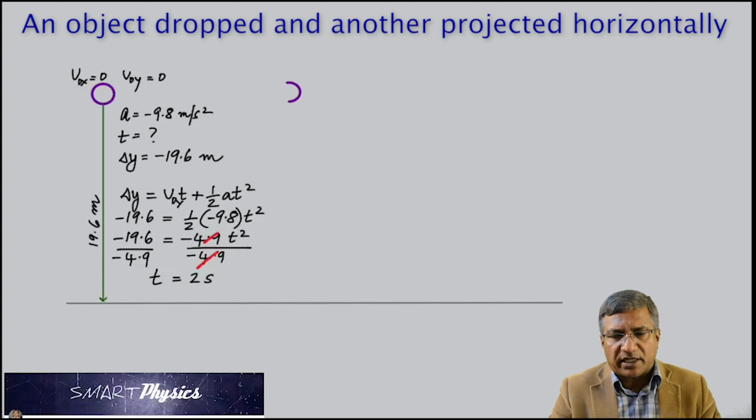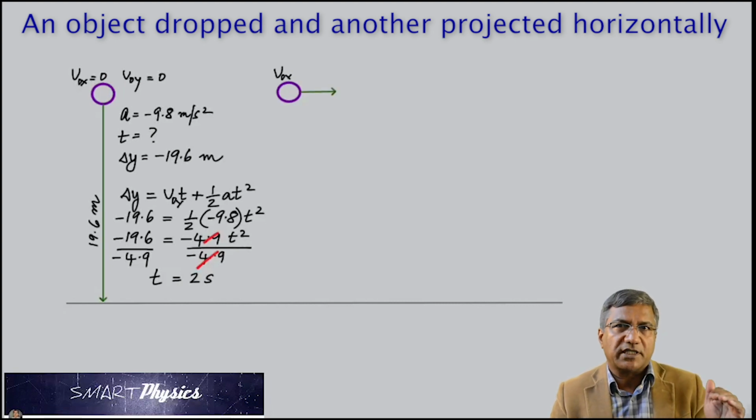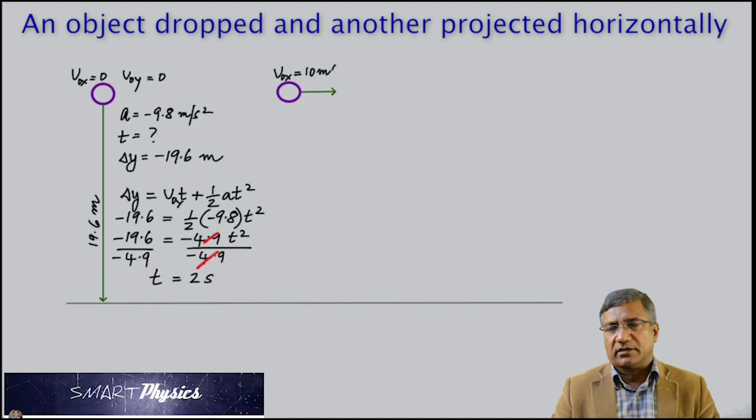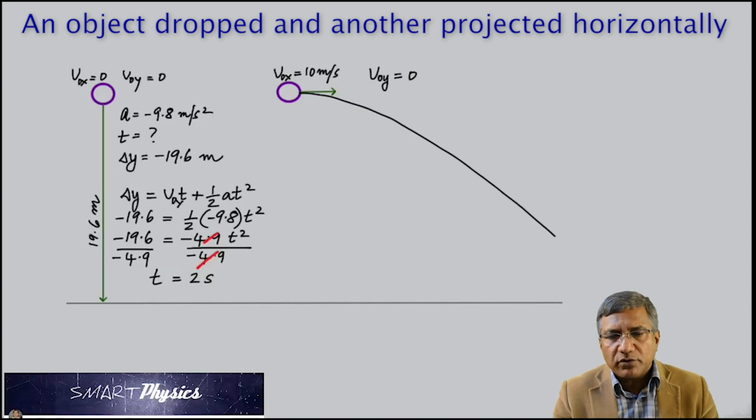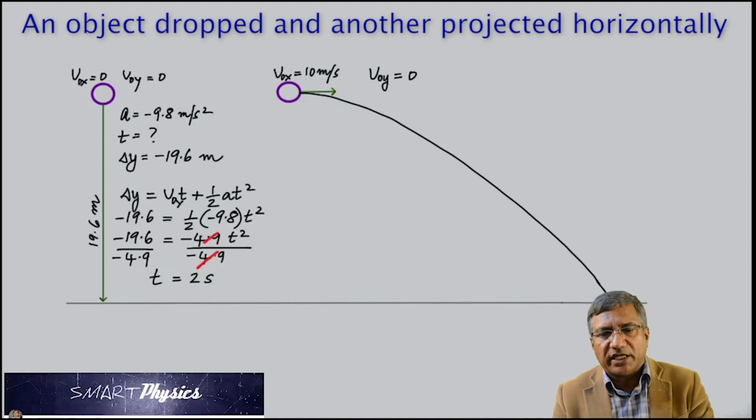So here is the diagram. So this object, I'm going to give it a horizontal velocity, that means along the x-axis, of 10 meter per second. But its initial vertical velocity is still 0. Therefore, this is the path that it takes.